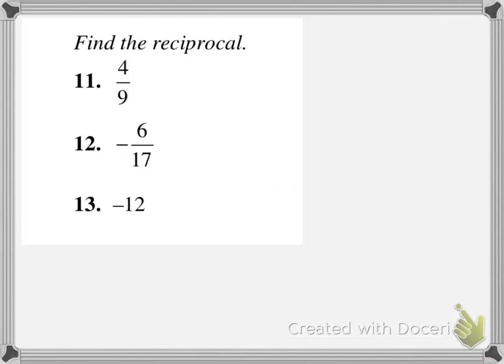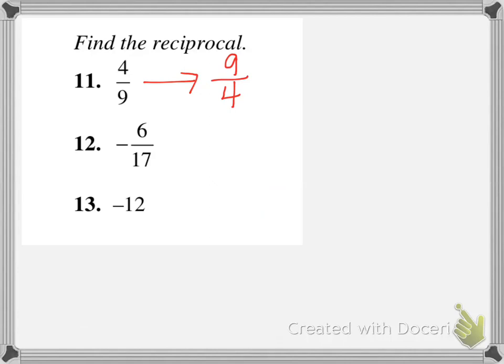Now let's look at reciprocal. Reciprocal means you interchange your numerator and denominator. So the reciprocal of 4/9 would be 9/4. These two are reciprocals of one another. If you multiplied them together, you would get 1, because in this situation, 4/9 times 9/4 is 36 over 36, which equals 1.